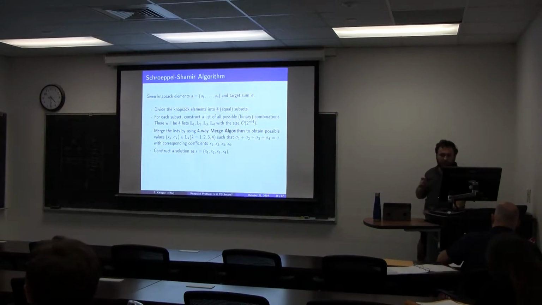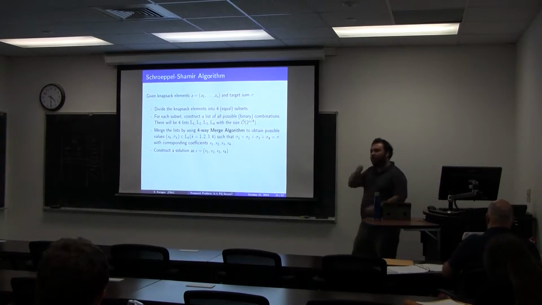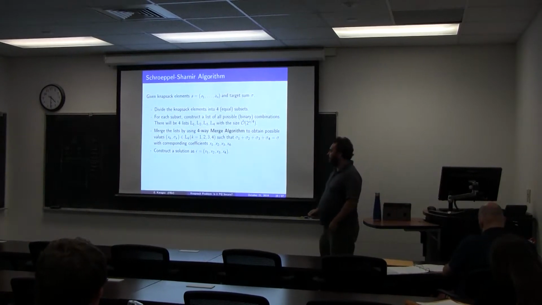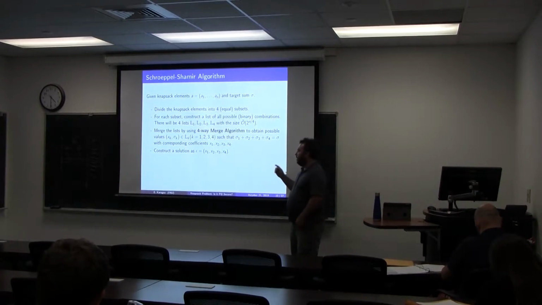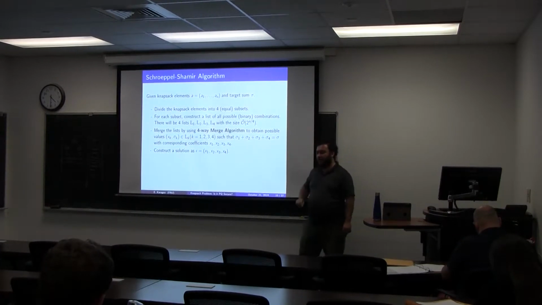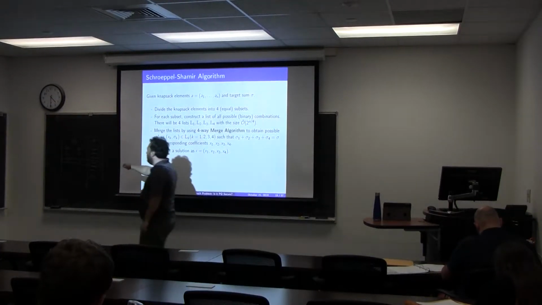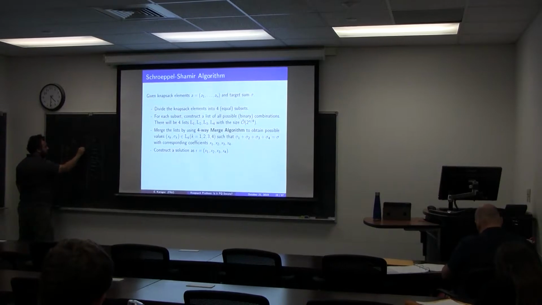For example, in the Schroeppel-Shamir algorithm, they divide the knapsack into 4 equal subsets. Then in each list, L1, L2, L3, L4, he computes all the possible solutions as I did here. But be careful, the vector size here is n, right?